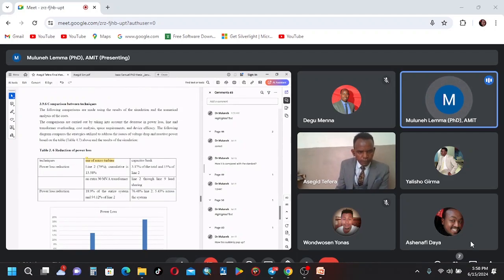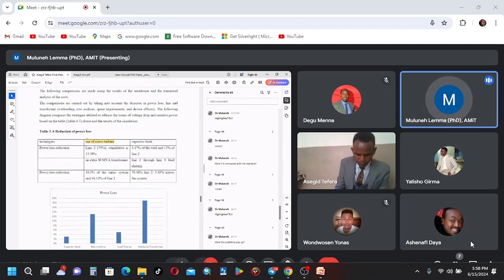The following comparisons are made using the result of simulation and numerical analysis of the costs. And somewhere here, use of micro turbine. And here, why did you bring this one? From where did it come, suddenly popping up? And why is it included here?